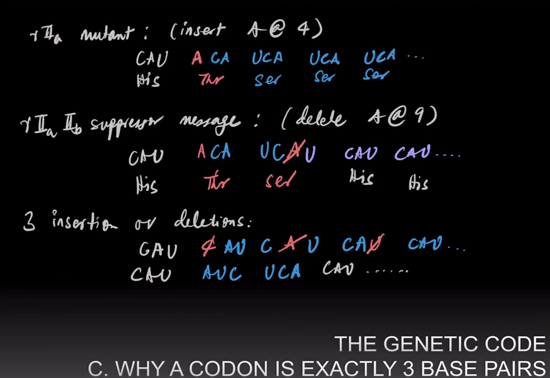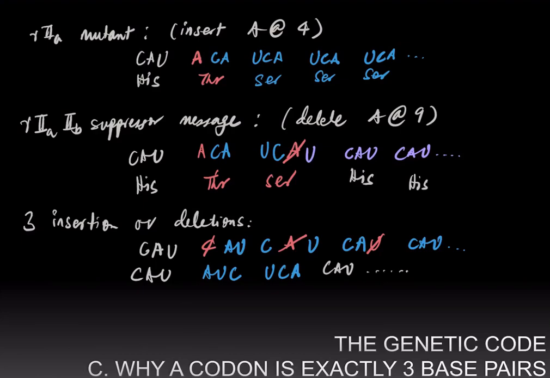And therefore, when you have 3 deletions, and similar logic applies for 3 insertions, just like the suppressor mutations, where you reverted back to the wild type amino acid sequence of the polypeptide, 3 insertions or 3 deletions cause a similar reversion.